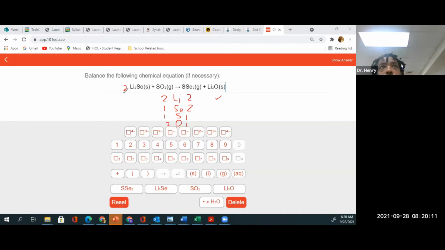Okay, so if I do that, that means now I have 2 Se's and I have 4 lithiums. Darn it. Okay, so now my Se's are good, but now my lithiums are not.